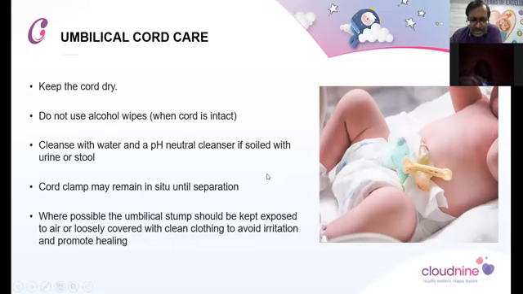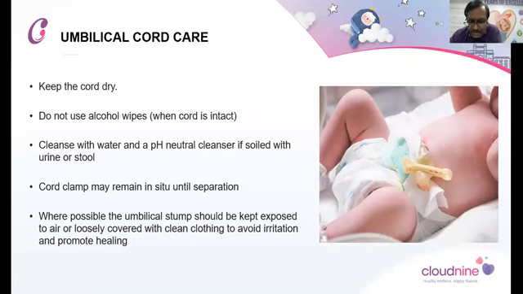You can clean with water and a pH neutral cleanser if it is soiled with urine or stool. And keep the cord clamp in situ until it gets separated. Wherever possible, the umbilical stump should be kept exposed to air or loosely covered with a clean cloth to avoid irritation and promote healing.